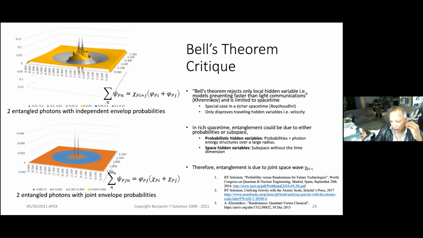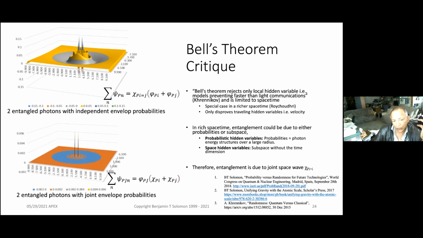But when we take into account Roy Choudhury's requirement for a richer space-time, and we look at these experiments, then we can say that using the probabilistic wave function and photons being structures of space-time and subspace, then we can say that Bell's theorem is a special case because there are probabilistic hidden variables and there are space hidden variables, either due to the envelope function or the space wave.